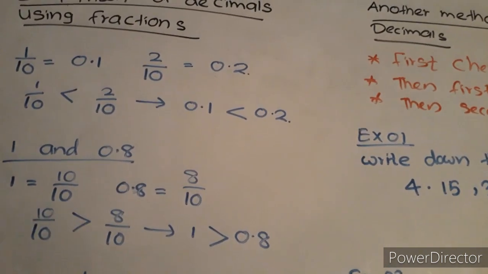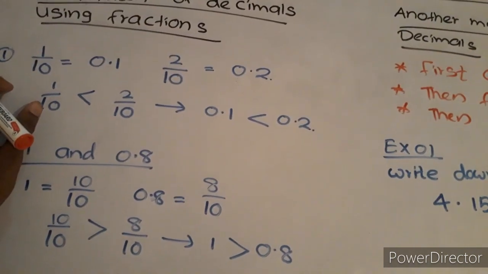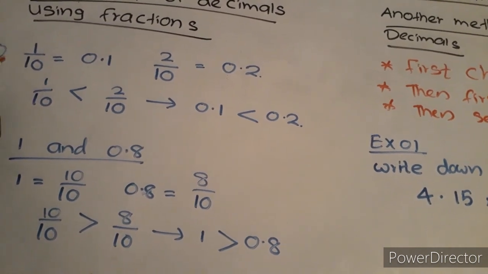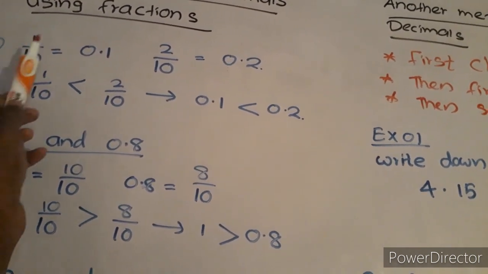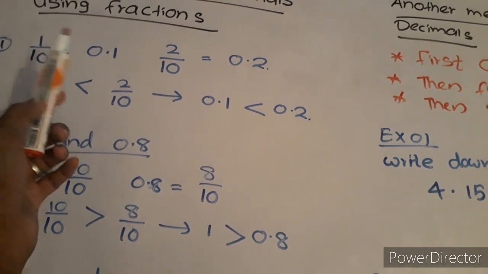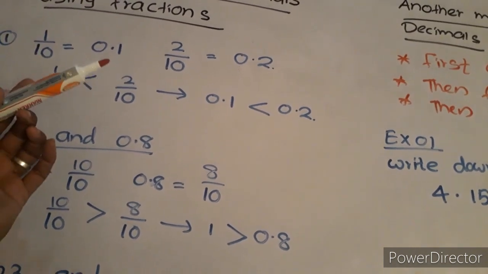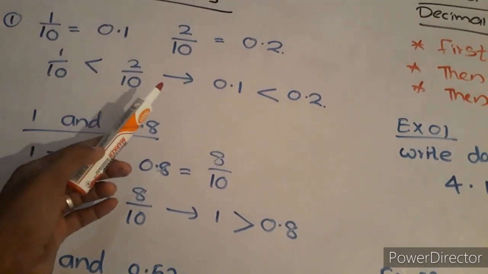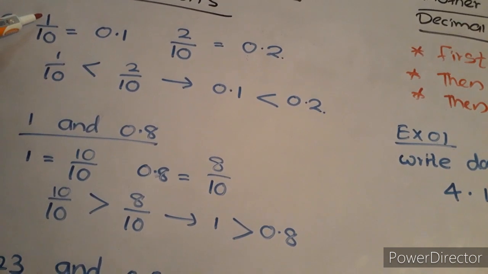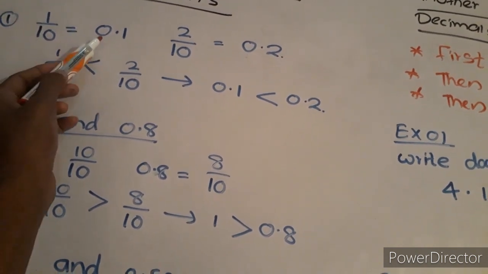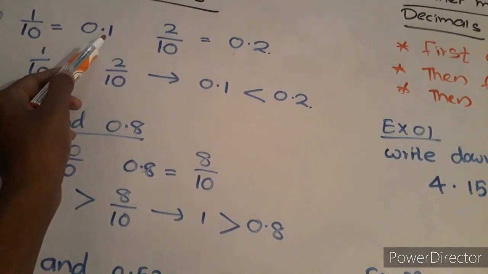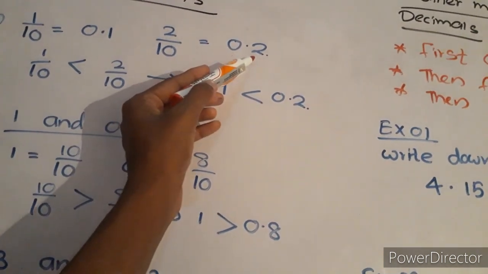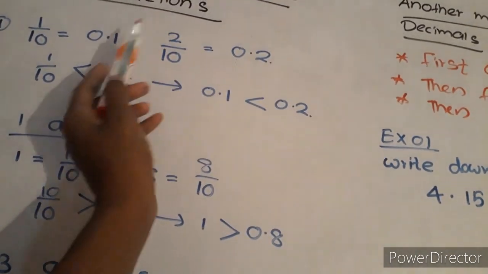First example: I have written these numbers as decimals and as fractions too. For comparing decimals we have to convert those decimals into fractions, then it's easy to compare. Here, 1 upon 10 is equal to 0.1, and 2 upon 10 is equal to 0.2. We have to compare these two decimals.